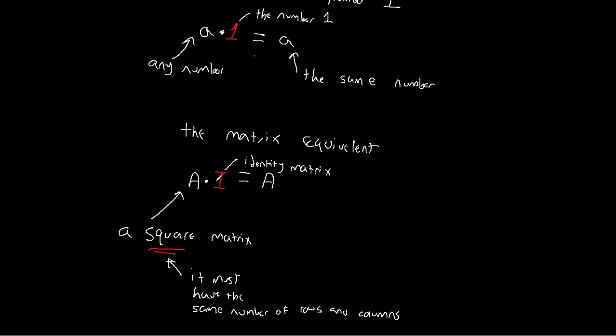I'm just going to go from this idea that the identity matrix fills this void where if we multiply a square matrix by its identity matrix, we get back that same square matrix. So hopefully you understand what the identity matrix is supposed to do.